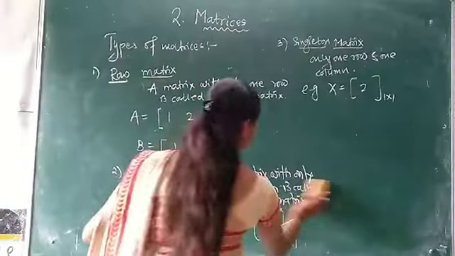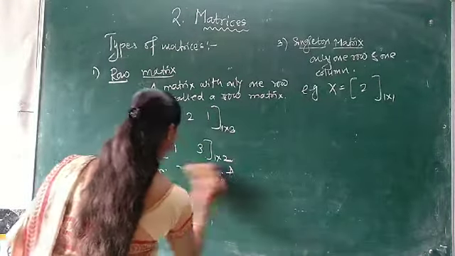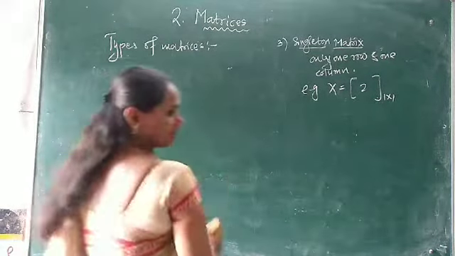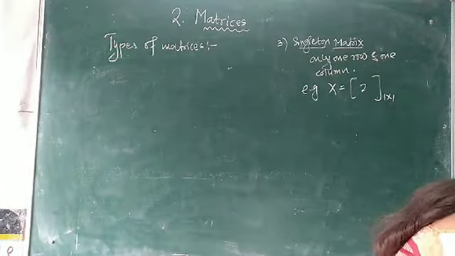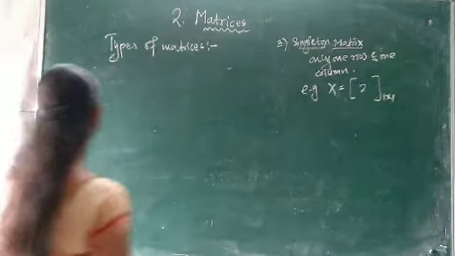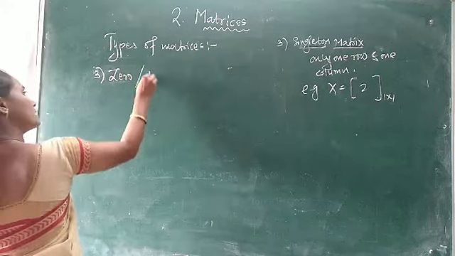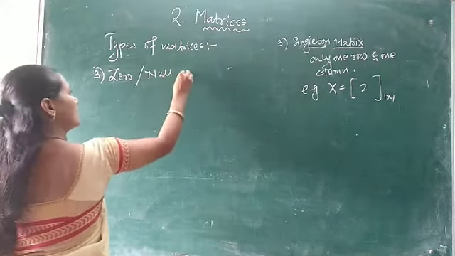Now the next one, the third matrix, is a zero or null matrix.